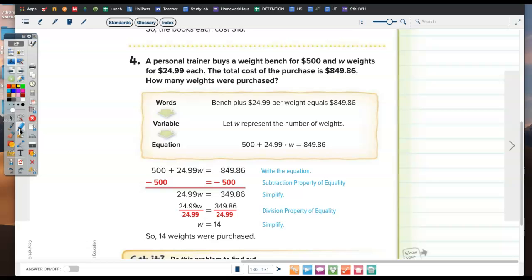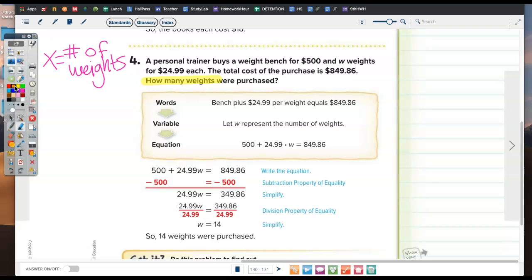First of all, what am I finding? Jordan, thank you for raising your hand. How many weights are purchased? I need to figure out how many weights. Okay, so x will equal the number of weights. Okay? What else do I need to know from the story problem?